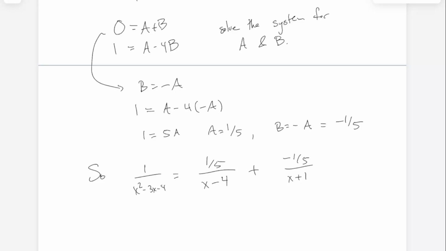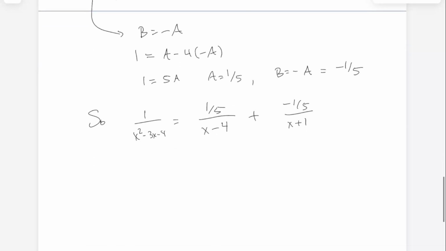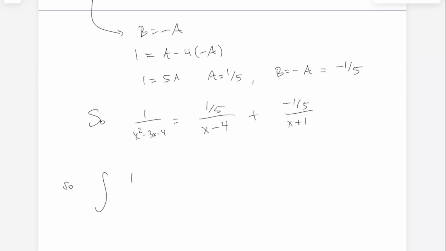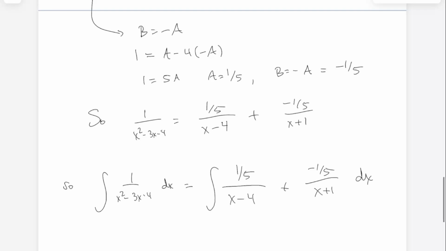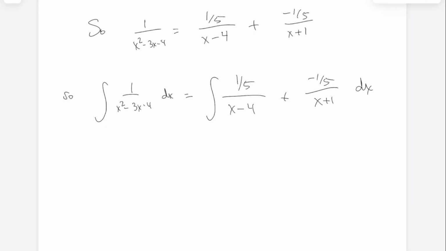All right. And then the reason for doing this is now we know how to do the integral. So if we do the integral here, integral 1 over this business, x squared minus 3x minus 4 dx, is the integral of this one, 1/5 over x minus 4 plus negative 1/5 over x plus 1. And then we do the integral of each term separately.